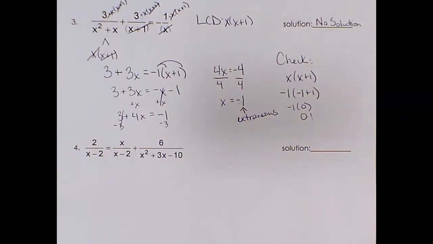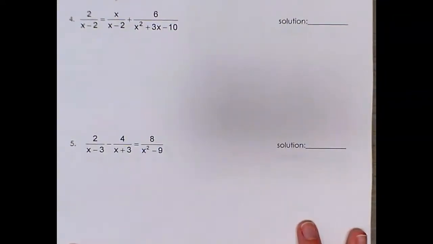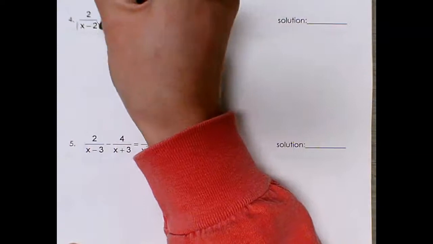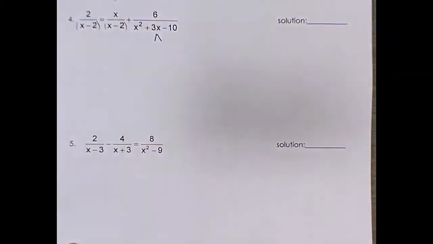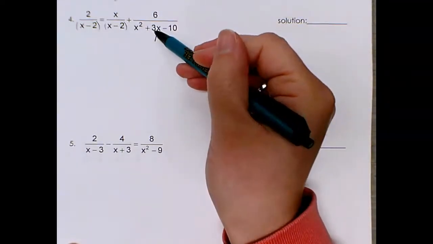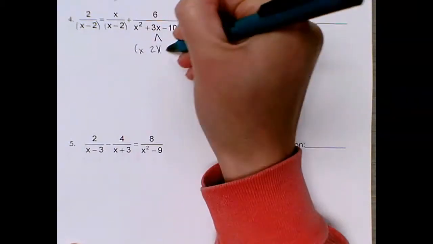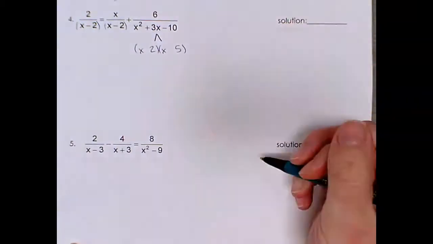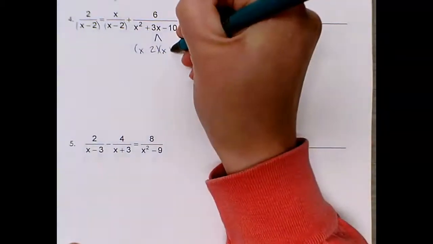Okay, let's look at number 4. Number 4, I have factors of x minus 2 and x minus 2, and let's see. Two numbers that multiply to give me -10 and add to give me 3. Maybe some kind of 2 and 5. But if the sum is positive, then that means the bigger number should be positive.